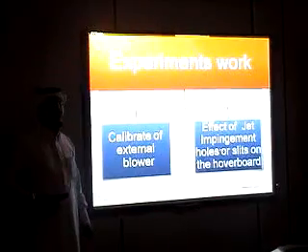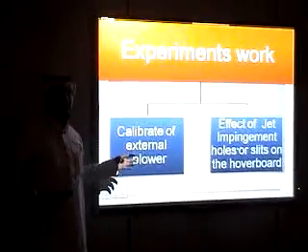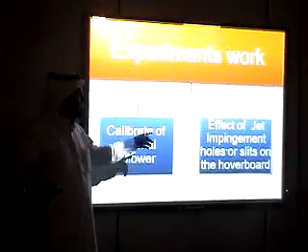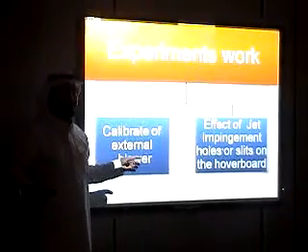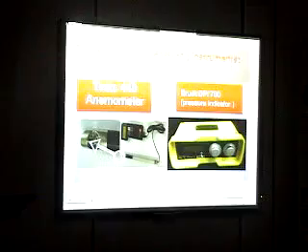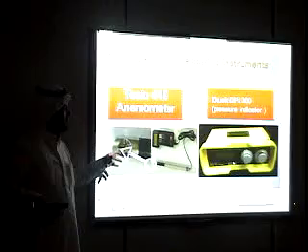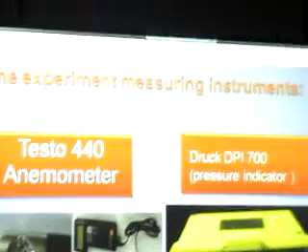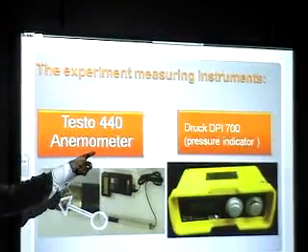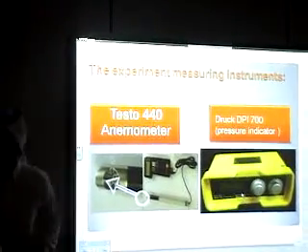Our experimental work in the previous semester was calibrating the external blower and studying the effect of jet impingement hole and slit on the hoverboard. Here is the experiment measuring instrument test for the velocity profile, velocity speed, and the DBI 700 pressure indicator.